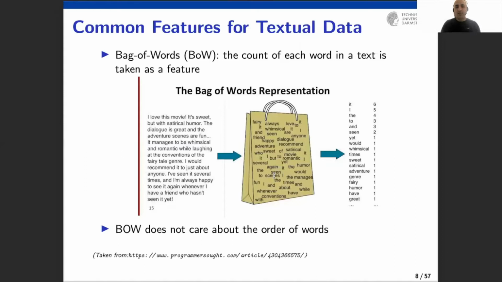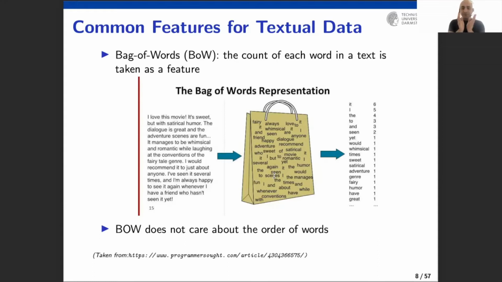Okay, what is really clear here is that bag of words does not care about the order of words. It only cares if a word exists in the text or not, and if it exists, then how many times the word happened in the text. But it doesn't care if "I" and "love" came next to each other, right?